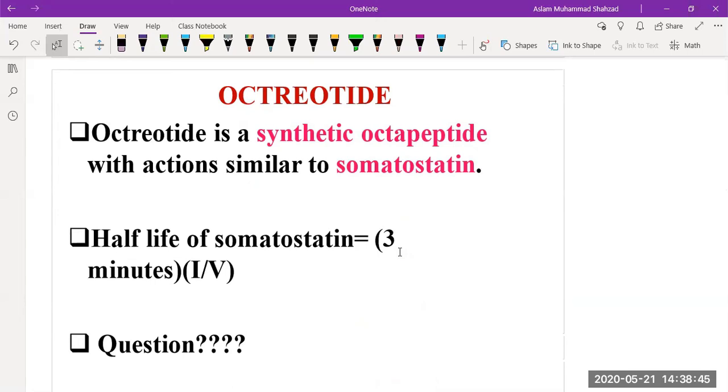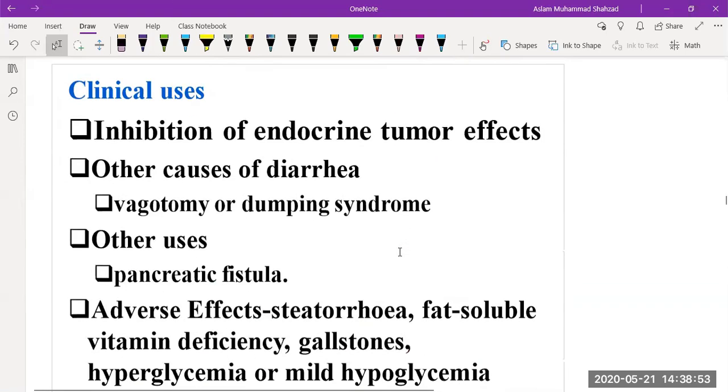So they prepared the drug octreotide, which has a longer half-life of 1.5 hours, for the treatment of diarrhea. It is used for the inhibition of endocrine tumor effects, and for other causes of diarrhea such as vagotomy or dumping syndrome, or other uses such as pancreatic fistula.